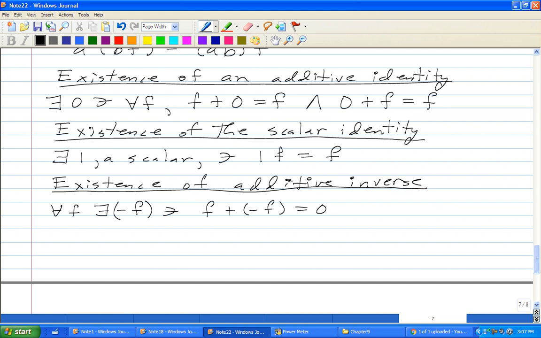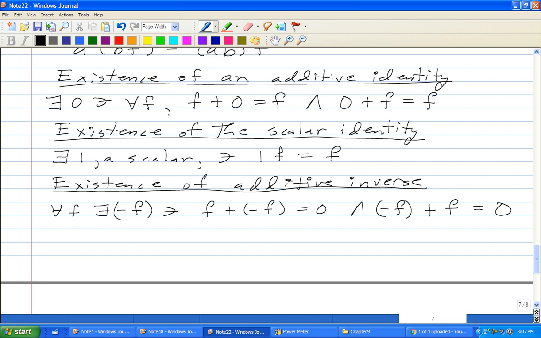So this is a right additive inverse. And by commutativity of addition, I have that the additive inverse plus the original function f is equal to the zero function, the additive identity.